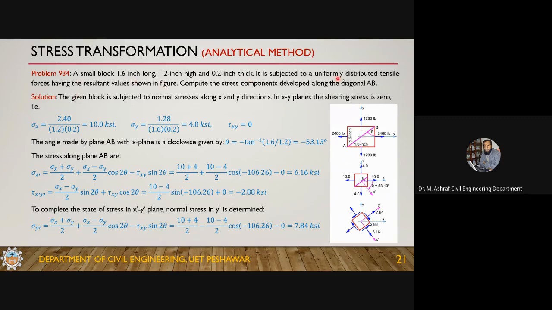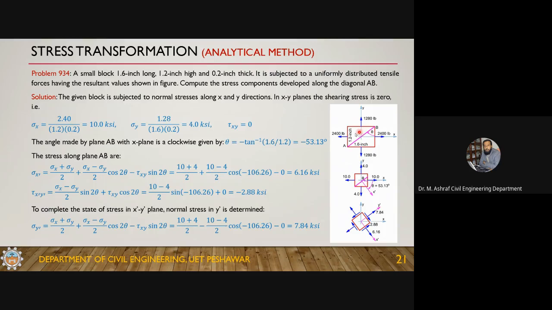The question is to compute the stress components developed along the diagonal AB. This is the diagonal AB, and he is asking to calculate stresses on this diagonal. Now, first you will have to get the state of stress. These are not the state of stress; these are the forces. This is a finite body, not a differential element.